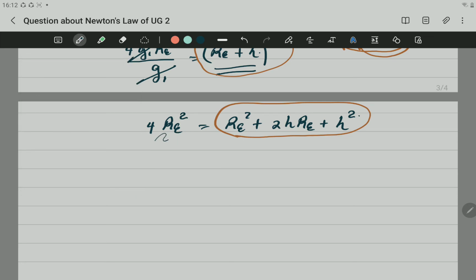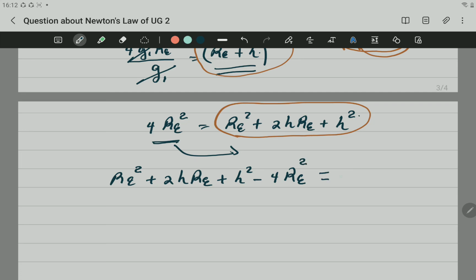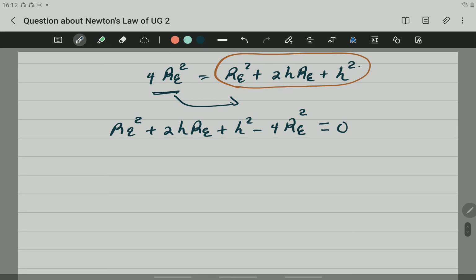If we move all this one to the other side, we have that re square plus 2h re plus h square, and this one is going to the other side negative, minus 4 re square, everything is equal to 0. All right, here we have common factors.